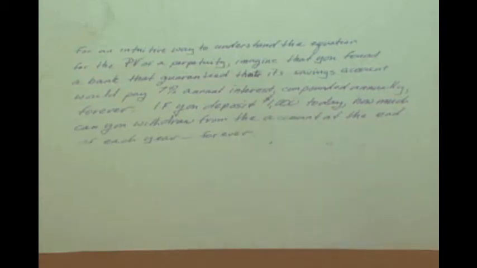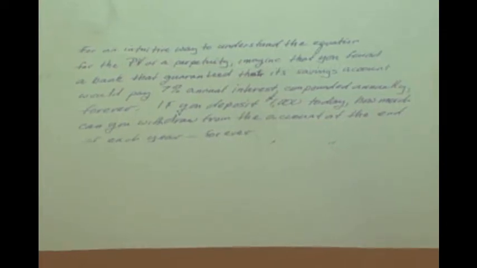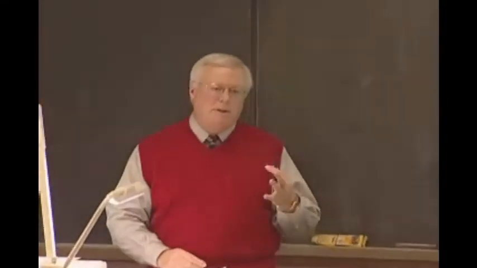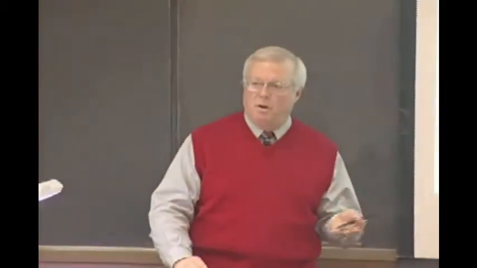We have a guaranteed 7% annual interest rate compounded annually. We've just deposited $1,000. How much can we take out of our bank account every year and do that forever and ever? Well, the answer's $70. Because every year, our $1,000 investment will earn $70. And we can take it out and never dip into our $1,000 principal at all.